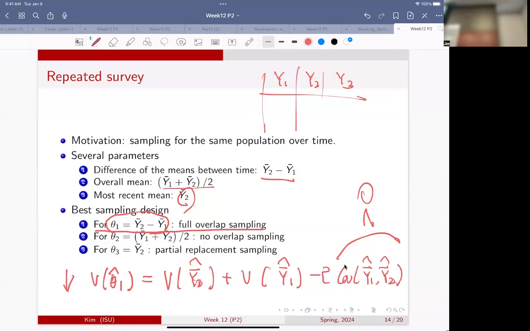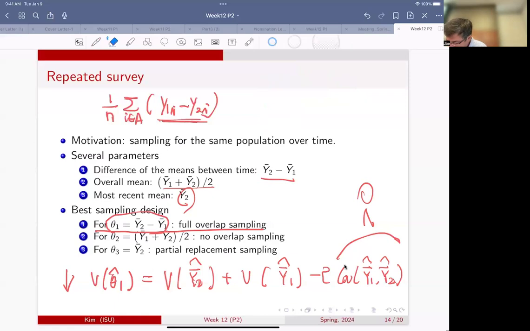If you maximize the overlap, that means you actually use the same sample and just change the measurement. So I guess that is basically the idea.